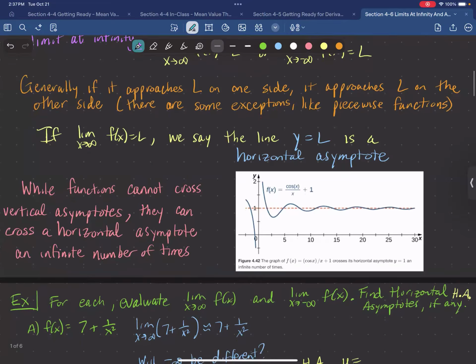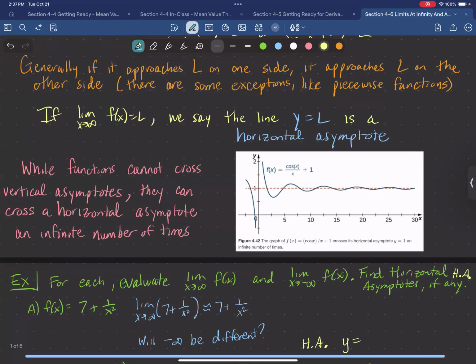When we do limit as x goes to infinity of 7 plus 1 over x squared, the bottom part is going towards infinity, so that whole fraction goes to 0 as the bottom goes to infinity. So this is approaching 7. So we will have a horizontal asymptote of y equals 7.